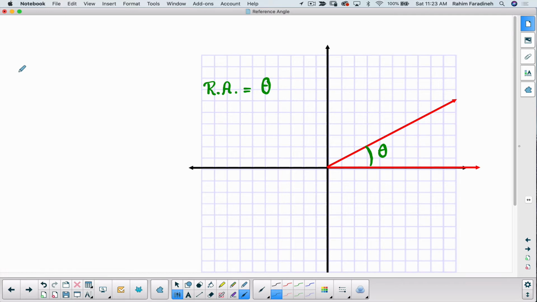So for example, if theta is 40 degrees, then the reference angle will also be 40 degrees. If angle theta is, let's say, pi over 3, which is in the first quadrant, then the reference angle will also be pi over 3.